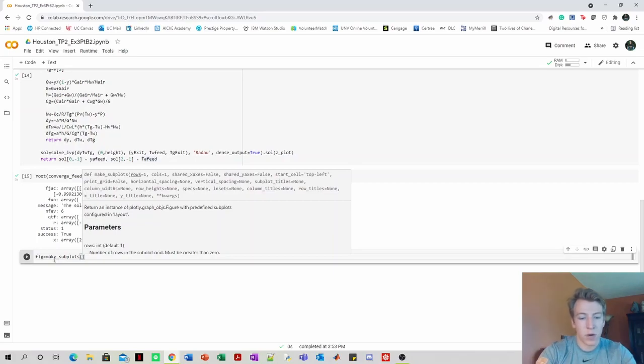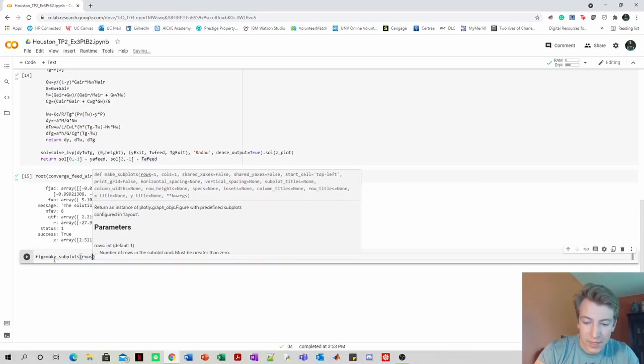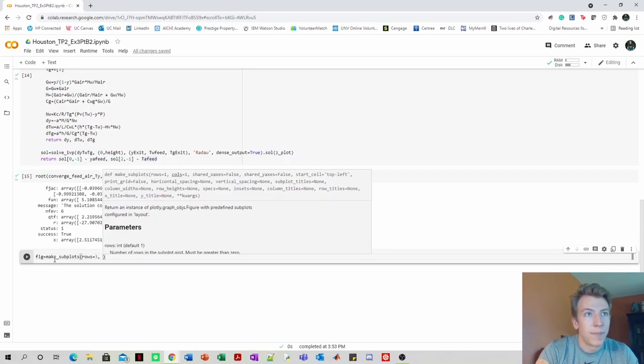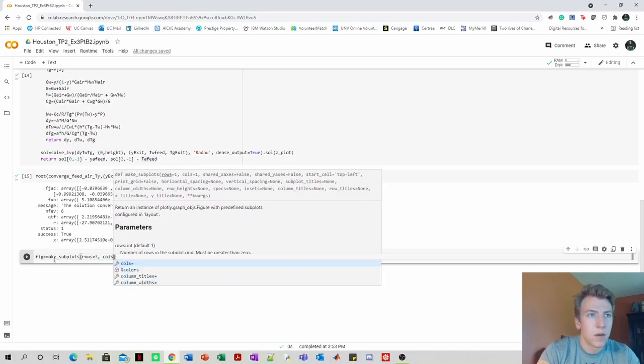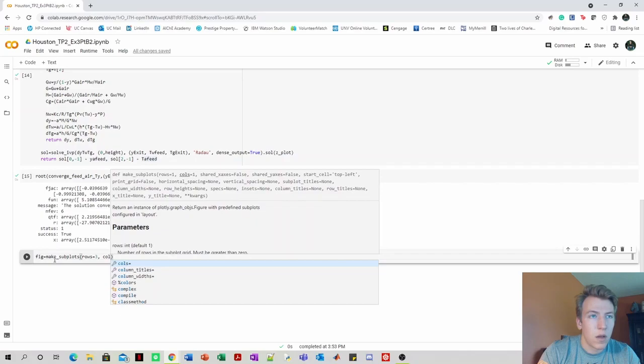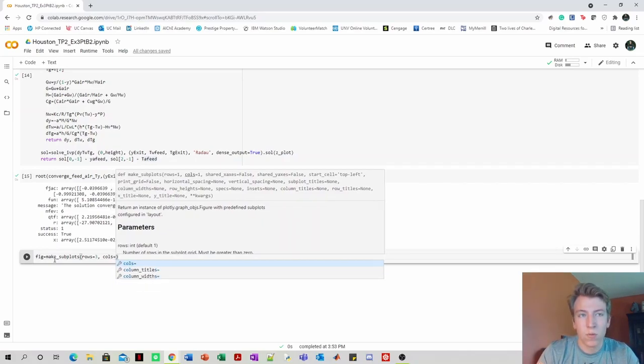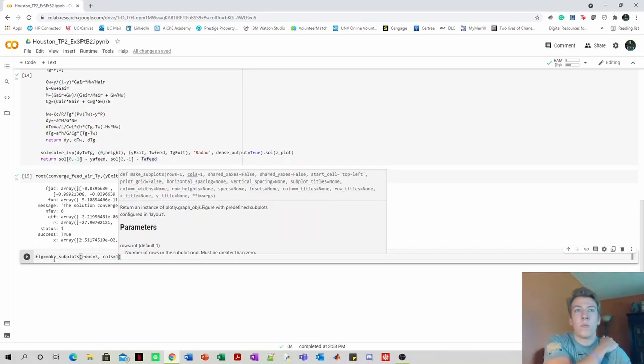So for rows, that's going to be equal to 3. And for columns, cols equal to 1, just so they're in one column, stacked on top of each other.